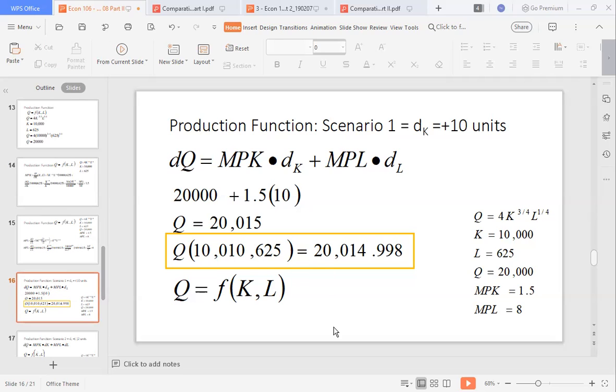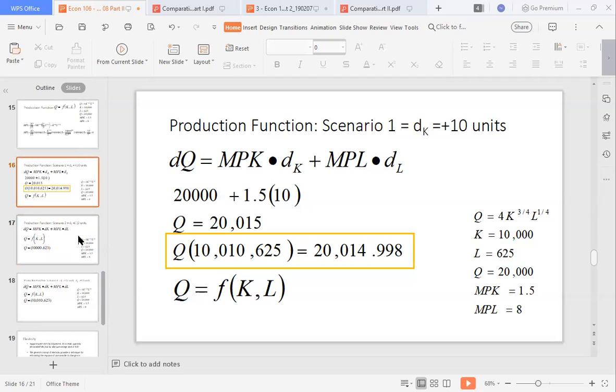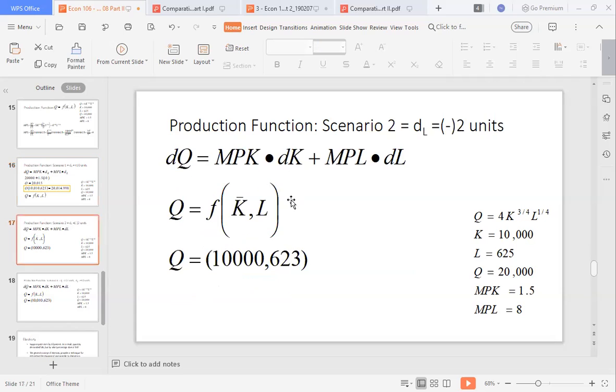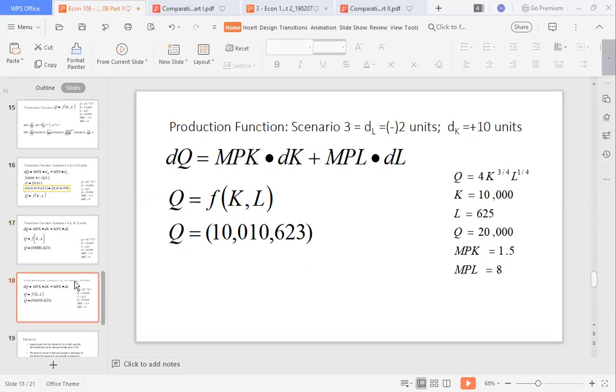So again, for the second scenario, do it for L, meaning we have K constant. And then for the third scenario, we're doing both. This is where complexity happens, class, and this is probably the closest we can get to a real application in production on the firms.